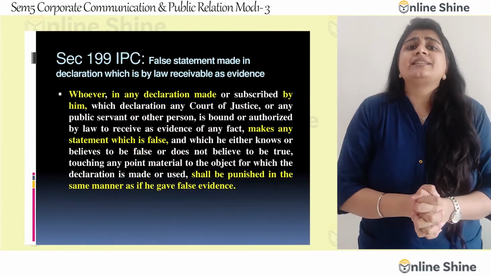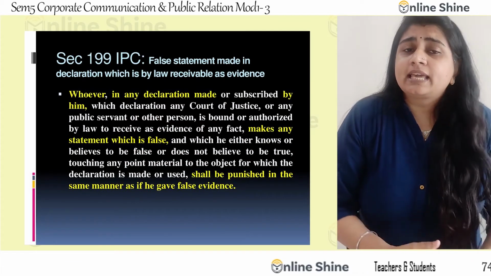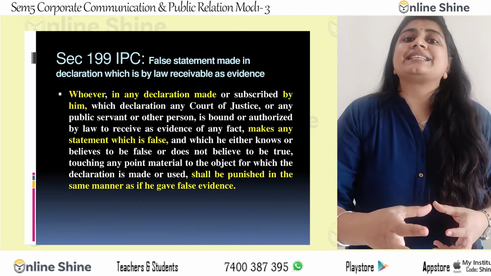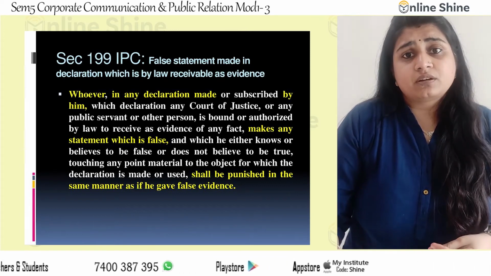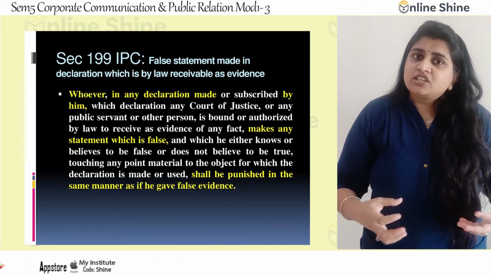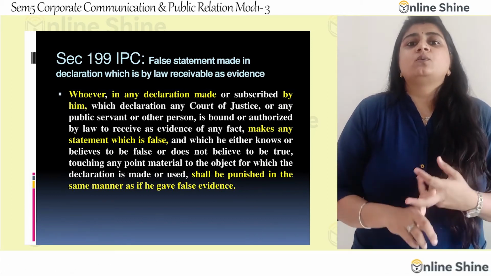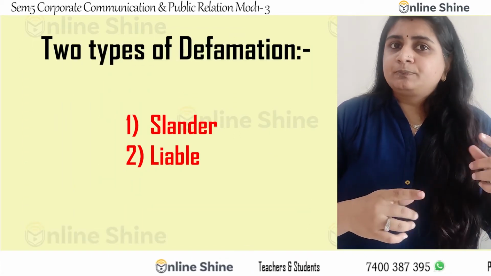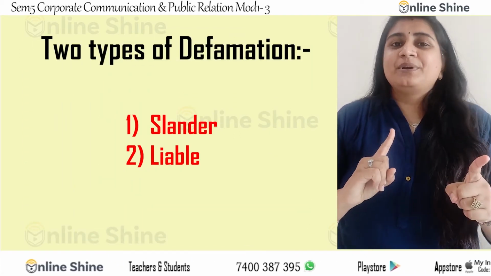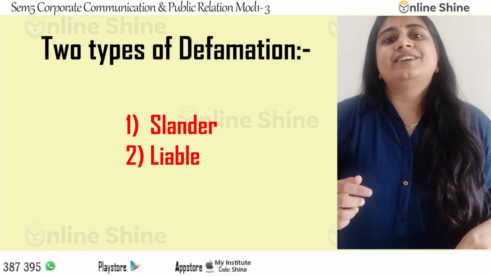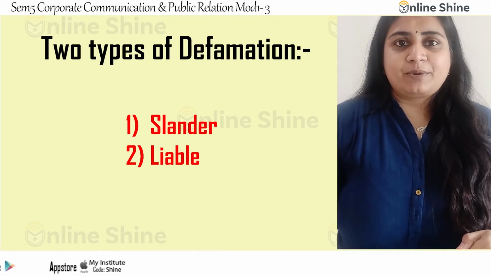Section 499 of the Indian Penal Code gives you the allowance to file a case against the one who has damaged your reputation, and a proper procedure can be followed based on what is given in section 499. So defamation has two parameters, libel or slander. Libel is written defamation, slander is spoken defamation.